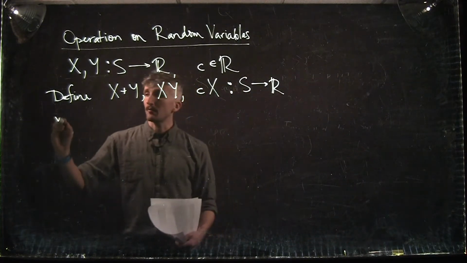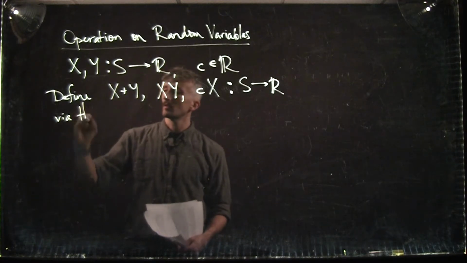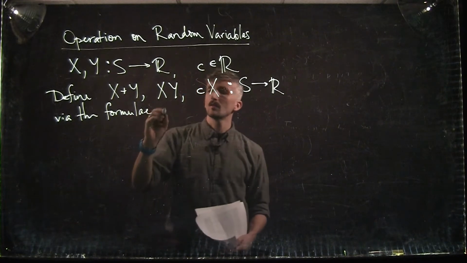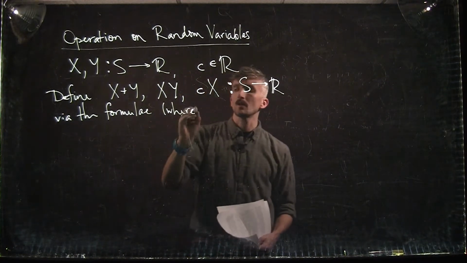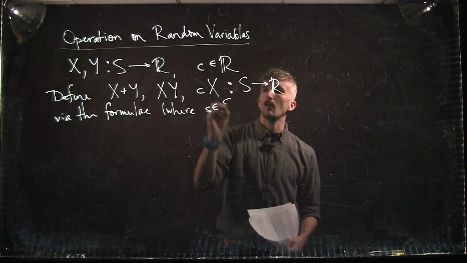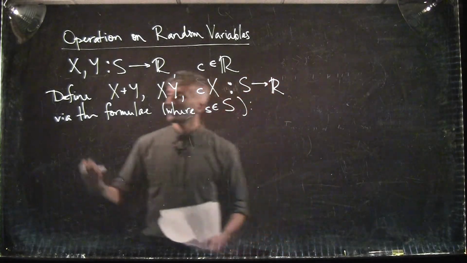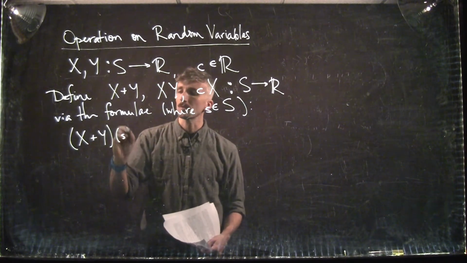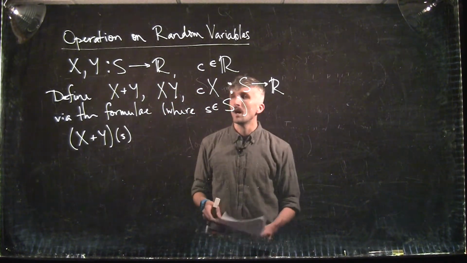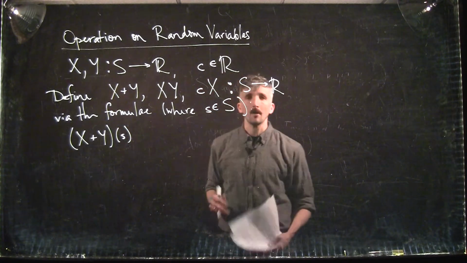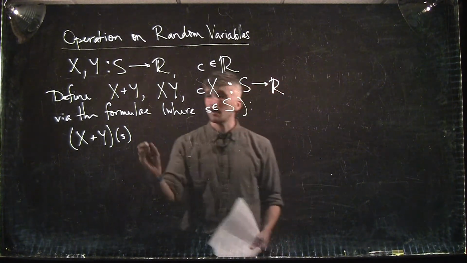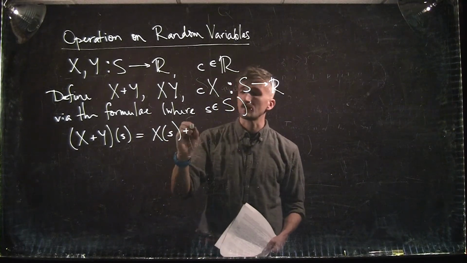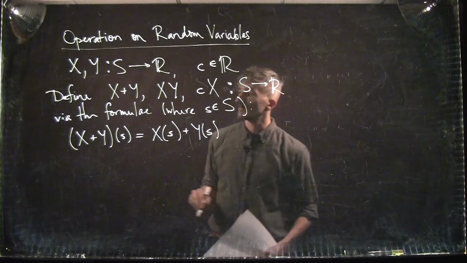We can do so via the following formulas, where little s is an element of our sample space. So how should we define the sum of two random variables evaluated at s? Well, remember that X and Y each spit out a real number. And we certainly know how to add real numbers. So this has a natural definition as X of s plus Y of s.